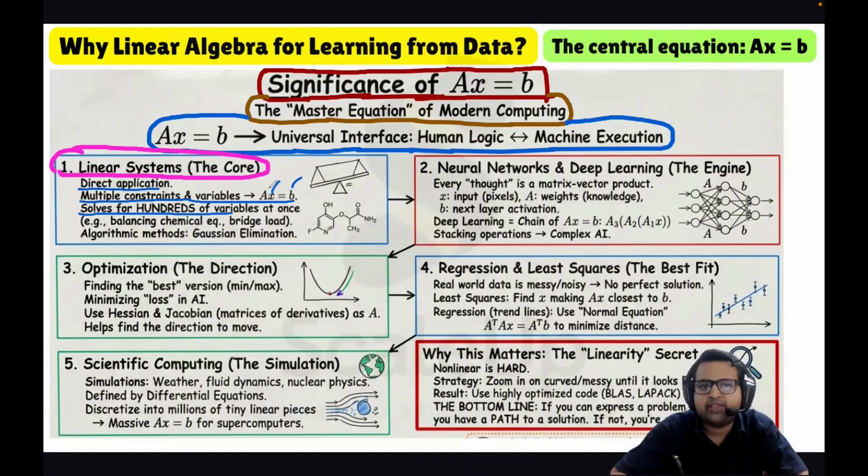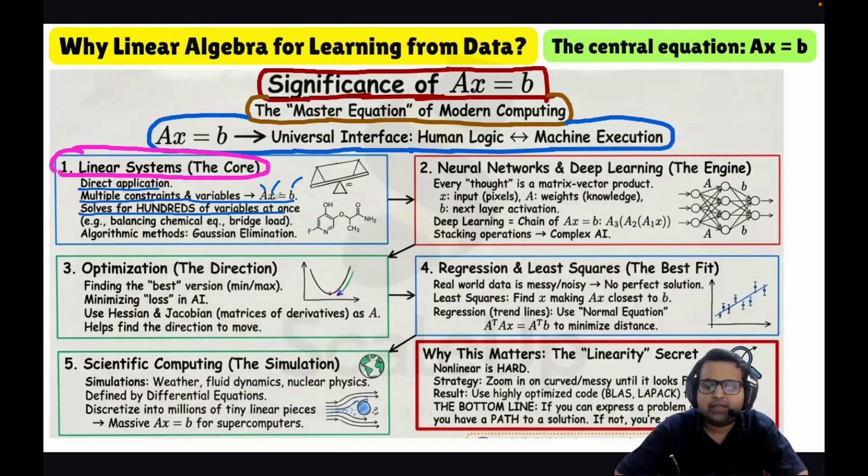X is a vector, B is a vector, and A is a matrix. So we can solve for hundreds of variables at once, like balancing a chemical equation or calculating the load bearing capacity of a bridge.